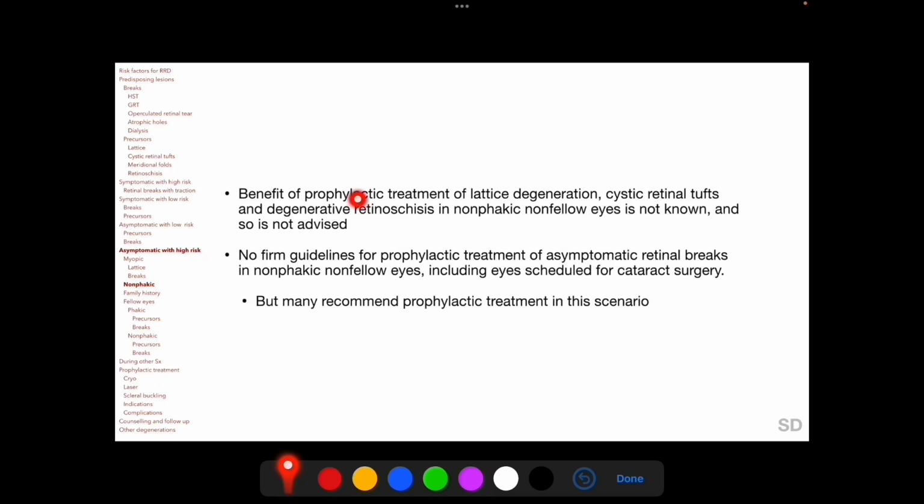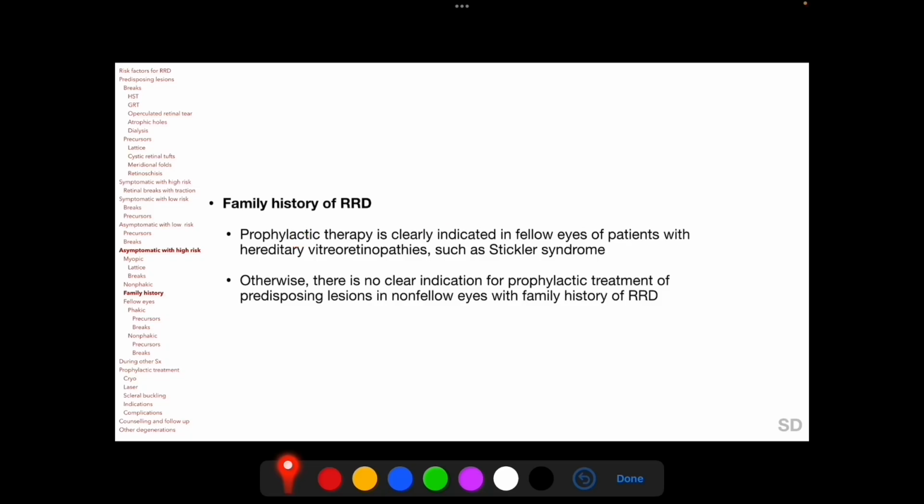Benefit of prophylactic treatment of precursor lesions in non-phakic non-fellow eyes is not known and so is not advised, and similarly no firm guidelines are there for prophylactic treatment of asymptomatic retinal breaks in non-phakic non-fellow eyes, including eyes scheduled for cataract surgery. Prophylactic therapy is clearly indicated in fellow eyes of patients with hereditary vitreoretinopathies such as Stickler syndrome, but otherwise there is no clear indication for prophylactic treatment of predisposing lesions in non-fellow eyes in patients with family history of RRD.